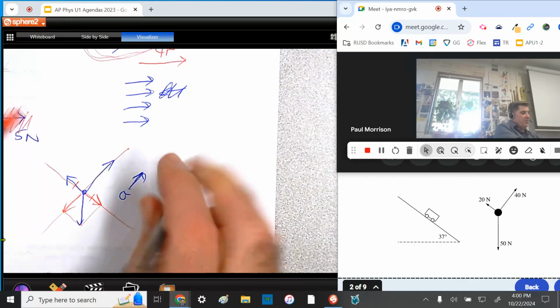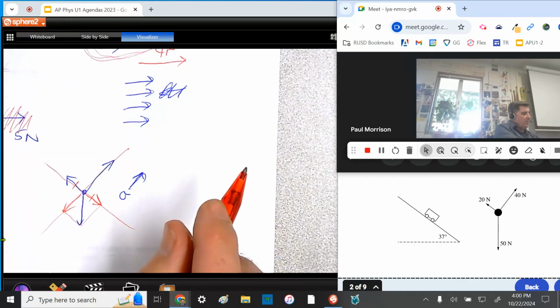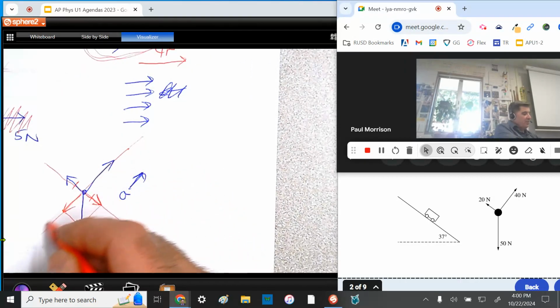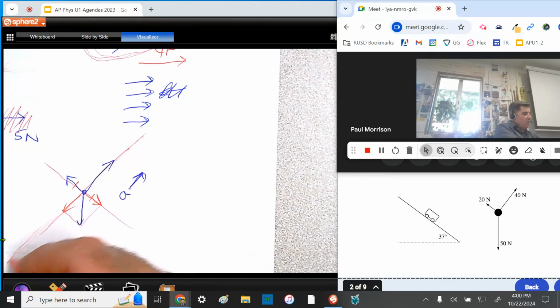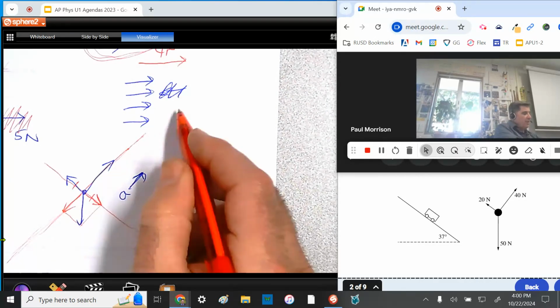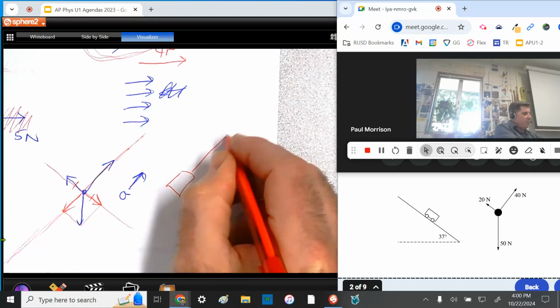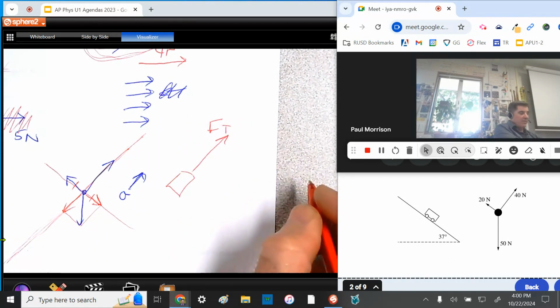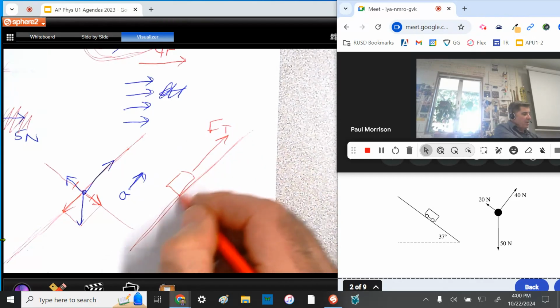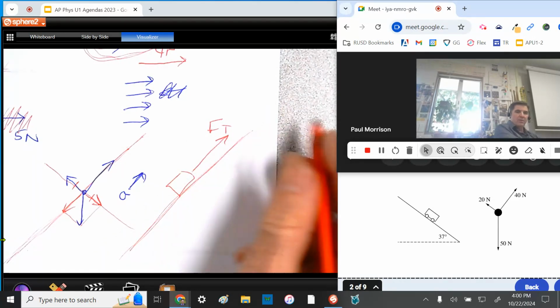I don't know if it was a picture of a hill where this was the hill, that would work, right? I could have something pulling me up the hill. Like, for instance, I could have a box, and it could be pulled up the hill with FT. It could be like a skier being pulled up the hill or something like that.